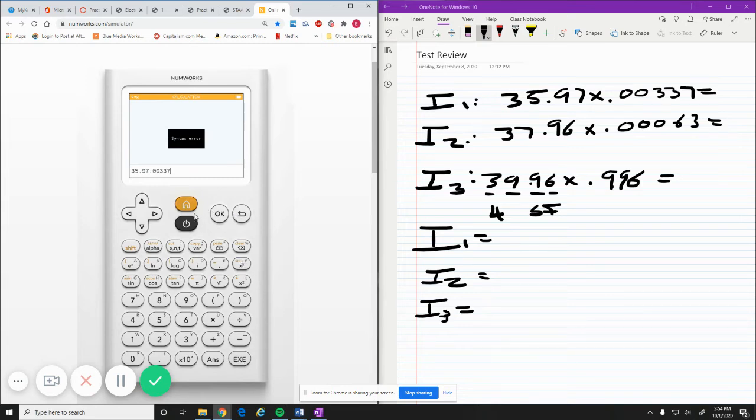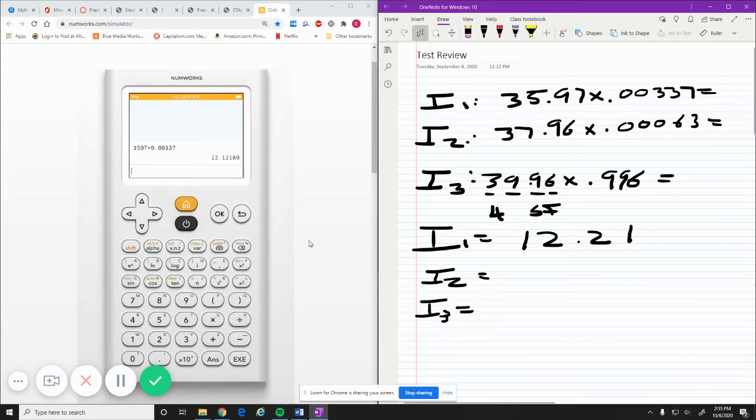Oh, sorry, I forgot to multiply. So we have 35.97 multiplied by 0.00337 equals 12.21. I stopped there because if this has 4 sig figures, this answer has to have 4 sig figures.